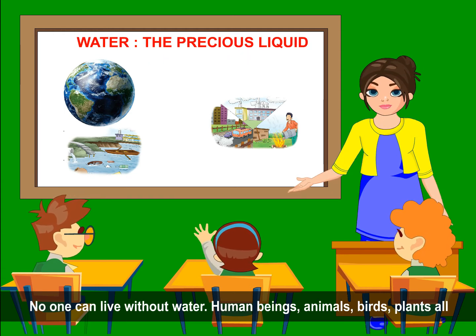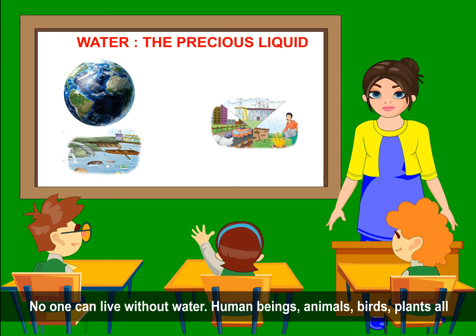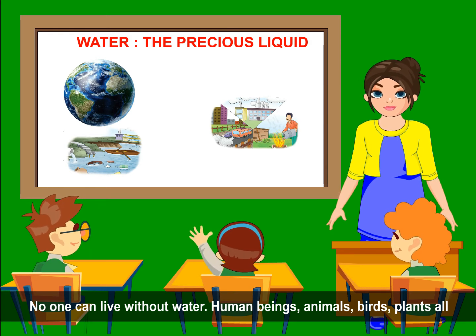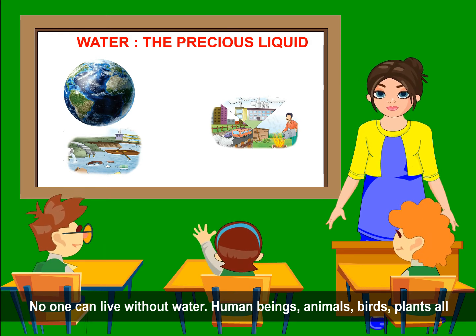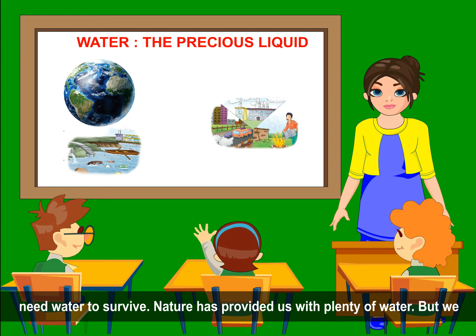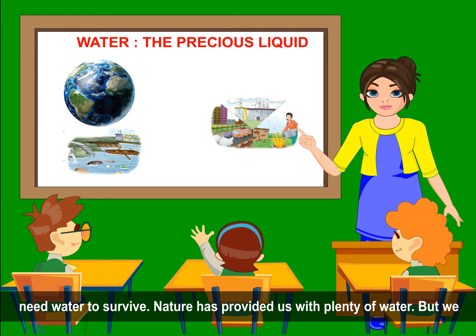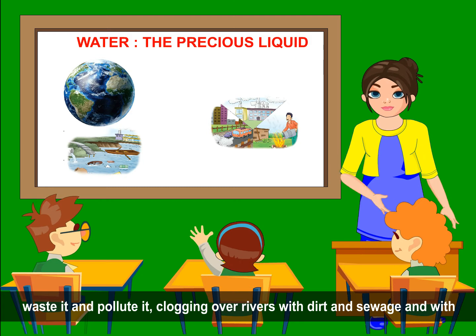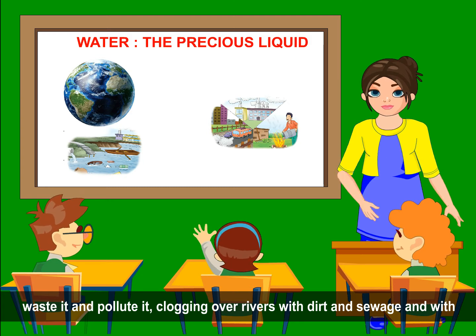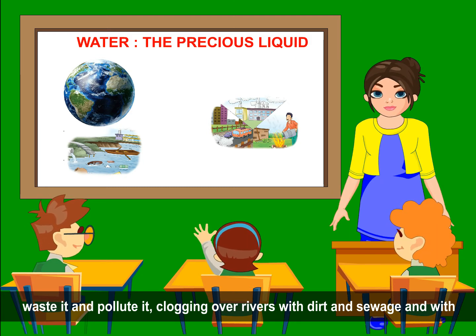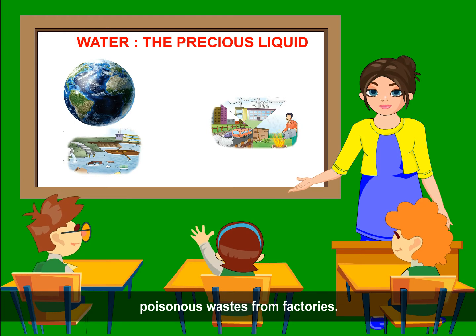Water, the precious liquid. No one can live without water. Human beings, animals, birds, plants all need water to survive. Nature has provided us with plenty of water, but we waste it and pollute it, clogging our rivers with dirt and sewage and with poisonous waste from factories.